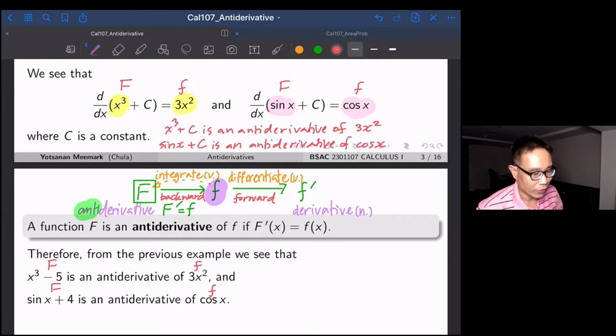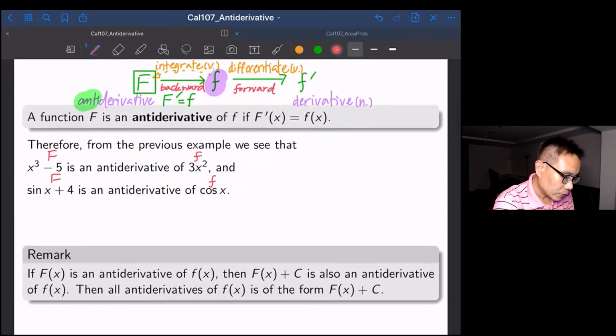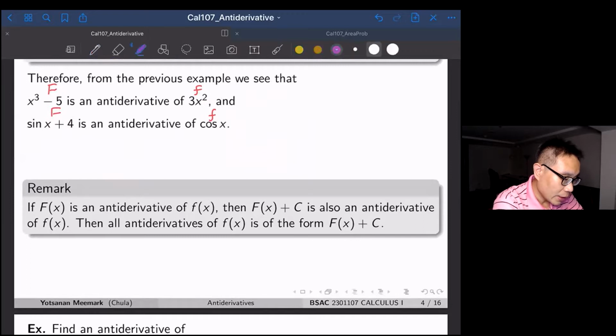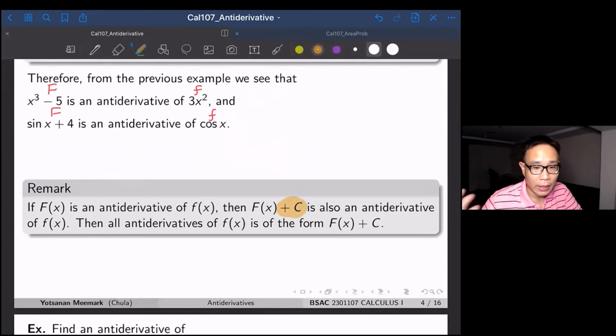This is how we get the antiderivative. If the capital F is an antiderivative, you may add any constant c, and it also gives you an antiderivative. So all antiderivatives of the function f turn out to be the capital F plus c, where c is an arbitrary constant.